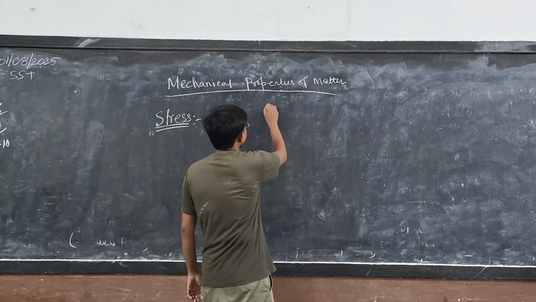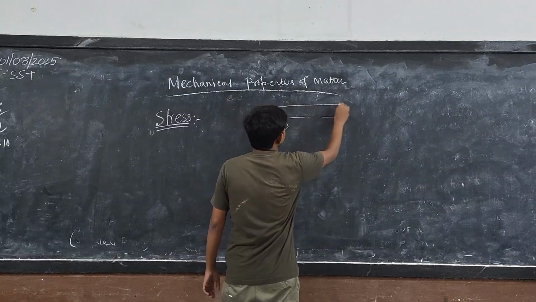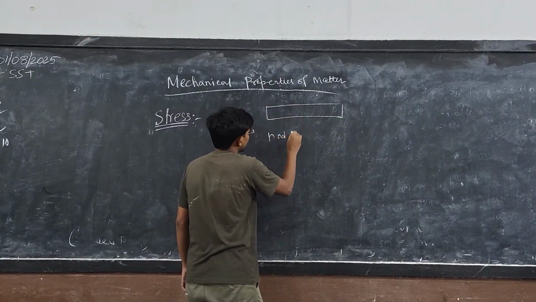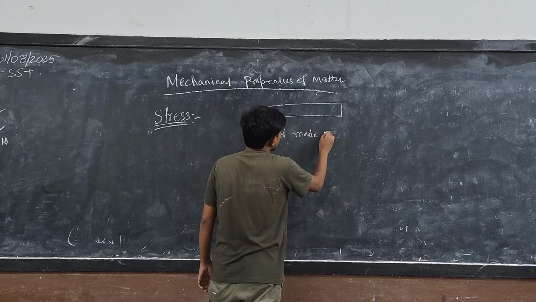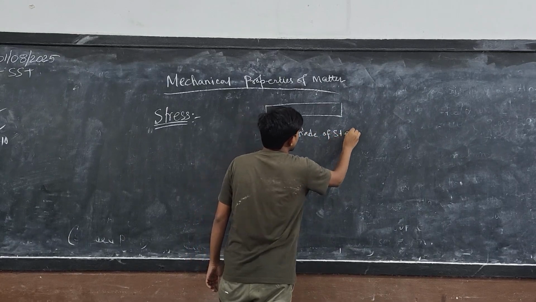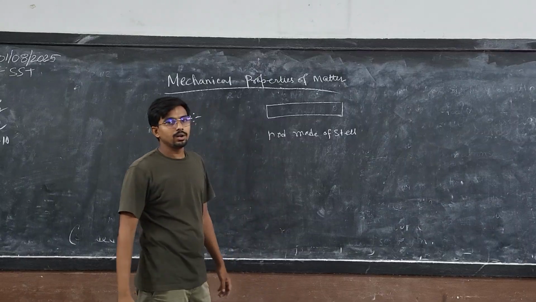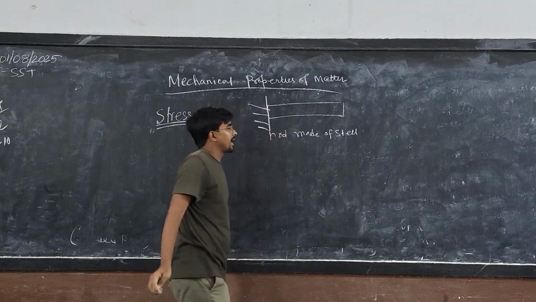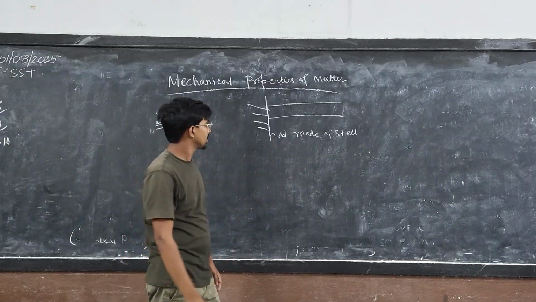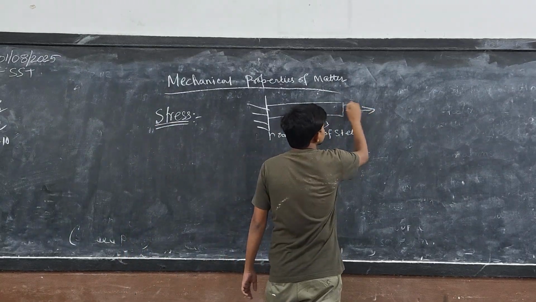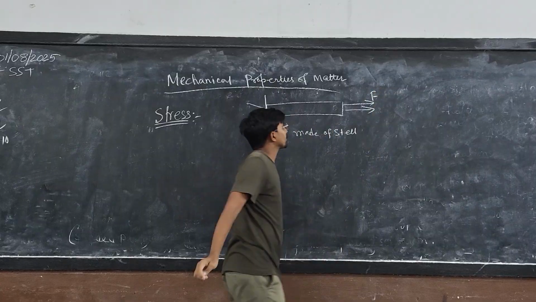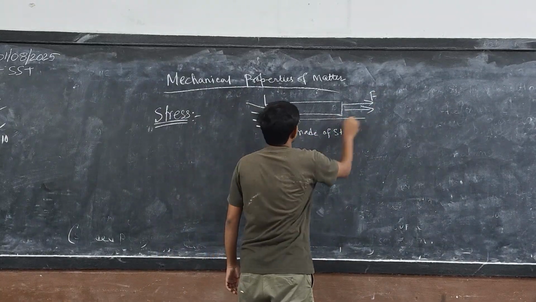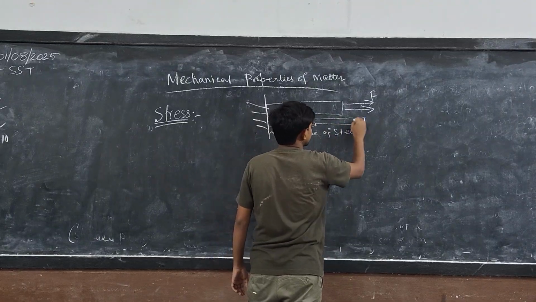Like this, I'm taking a rod made up of steel. It is hung from a wall or something. If we apply a force this way, the rod will be stretched.